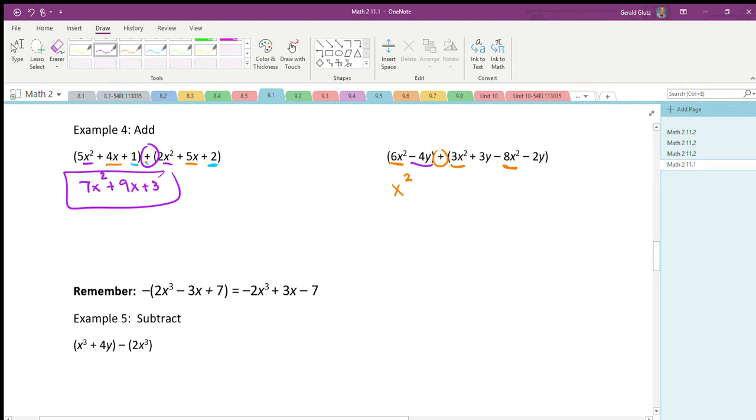Now I have a minus 4y and a plus 3y minus 2y. So negative 4y plus 3y, that's negative y. Negative y minus 2y would be minus 3y. I do not see any other terms, so that is our answer right there.